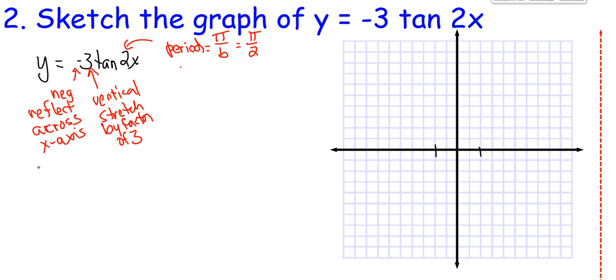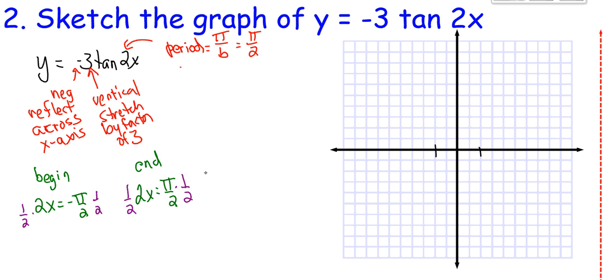So the beginning asymptote will be when 2x equals negative pi over 2, because that's the original, and it'll end when 2x equals pi over 2. When we then multiply each side by 1/2, it's the easiest way to do that, I think. Then we get x equals negative pi over 4. And same thing here, except x equals positive pi over 4.